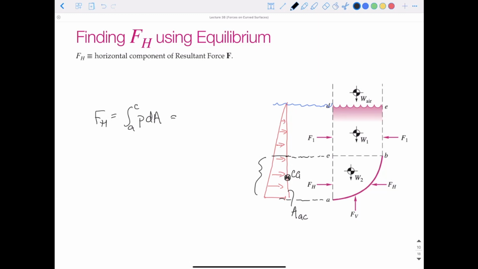And we would find that it's just going to be equal to the pressure at the center of gravity times the area of that horizontal projection. So area of horizontal projection.